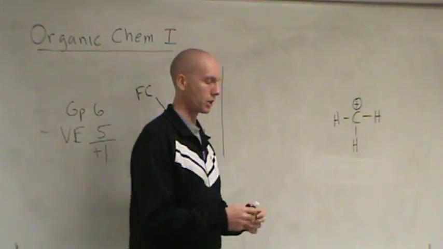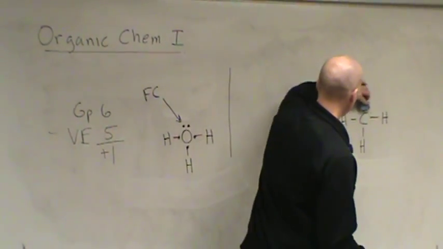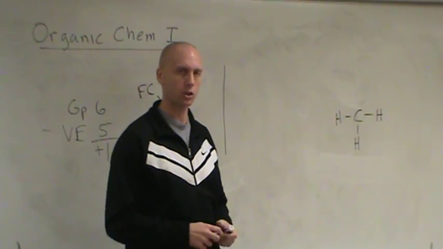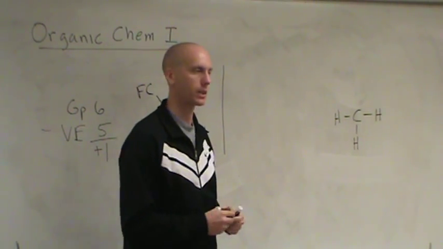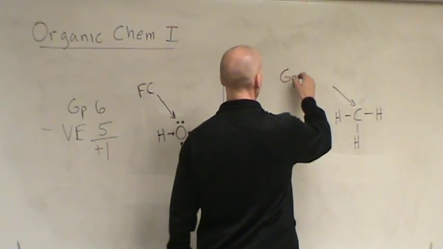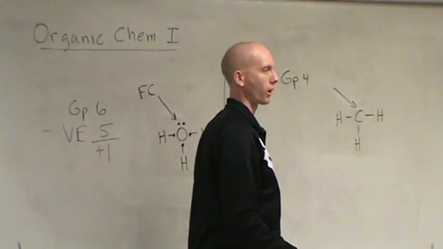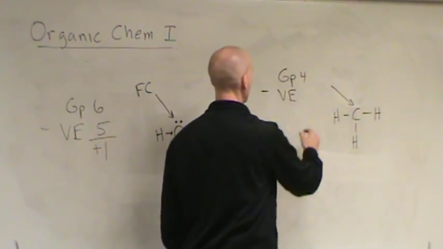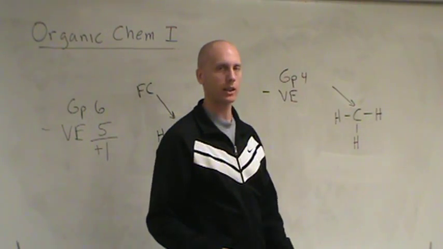Let's suppose on CH3, I did not know what the charge is on carbon. Let's figure it out. Carbon is in group 4. Now I want to subtract the valence electrons.